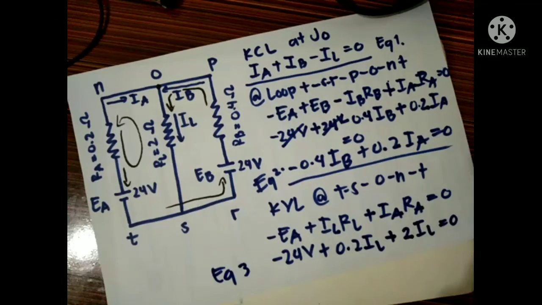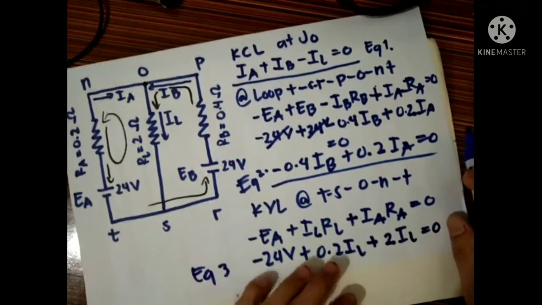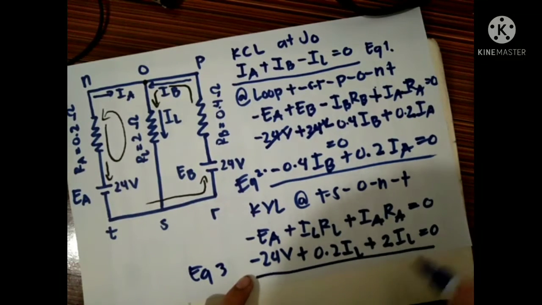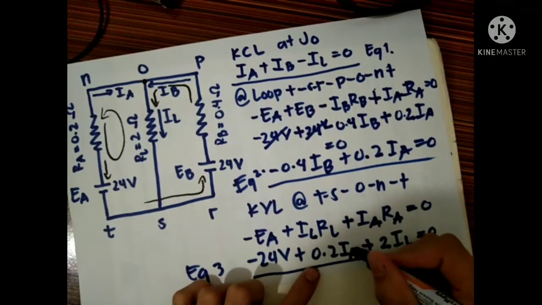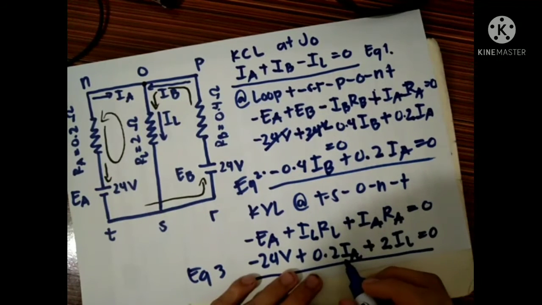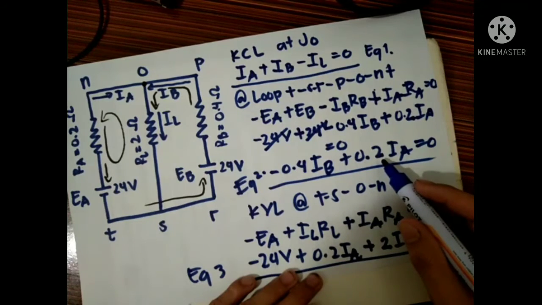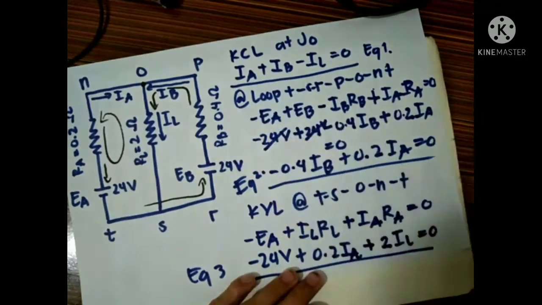As you can notice, they have a common term, which is IA. For equation 3, we have 0.2 IA, in equation 2 we have 0.2 IA, and also in our first equation, we have IA.